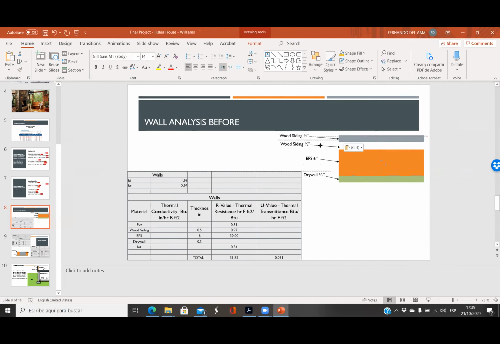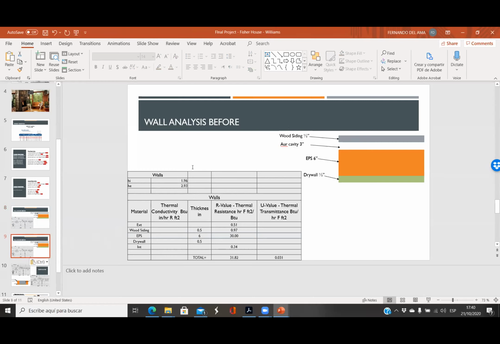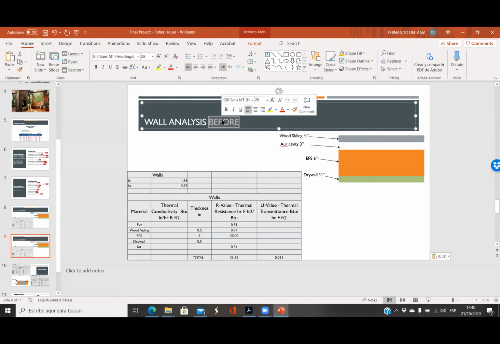Air cavity, let's say 3 inches. And then you can fill this air cavity with thermal insulation for the after.